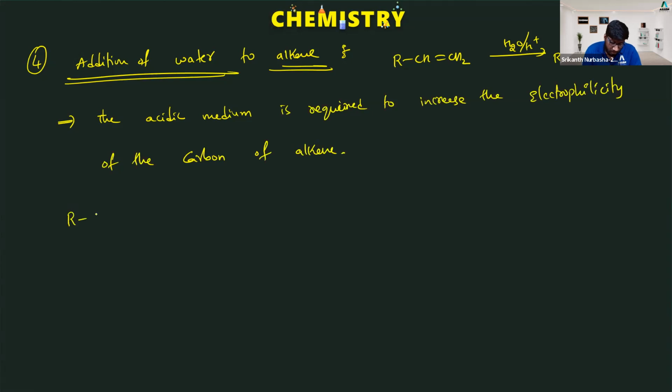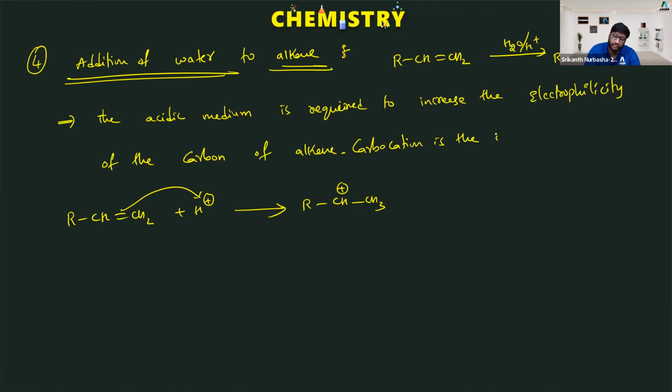So we have RCH double bond CH2. We are trying to add H plus first. That means we have some acidic medium. The pi electron density is going to attack the H plus to form the respective RCH plus CH3. Again, carbocation is formed. Carbocation is the intermediate, so rearrangements are possible.